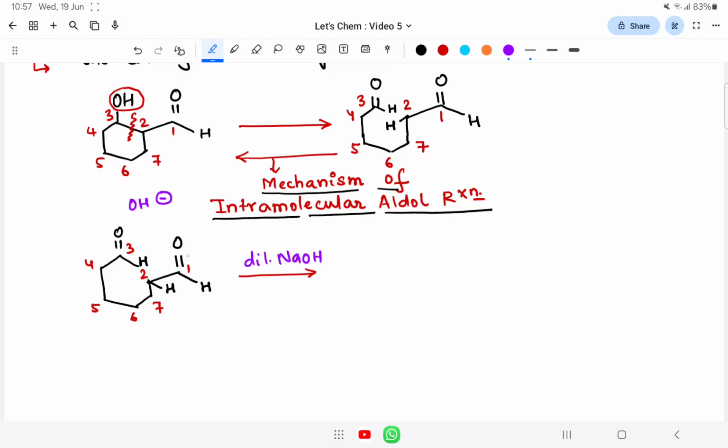The first step goes like this: this bond shifts like this, and this OH minus takes away this hydrogen atom. The hydrogen atom being taken off is from the alpha carbon, not from the carbonyl carbon. Please remember that.